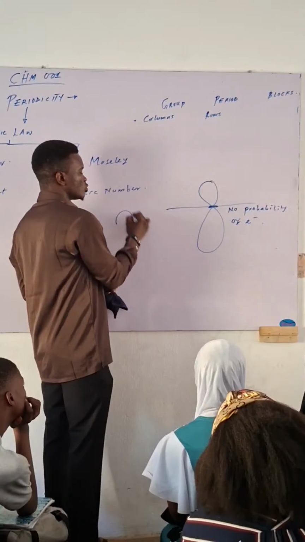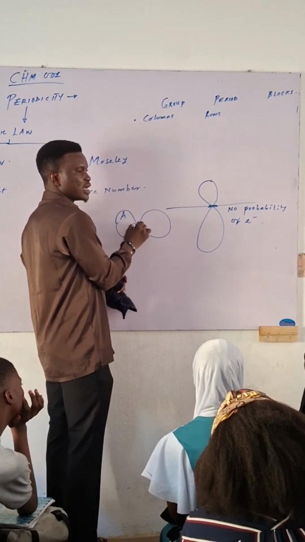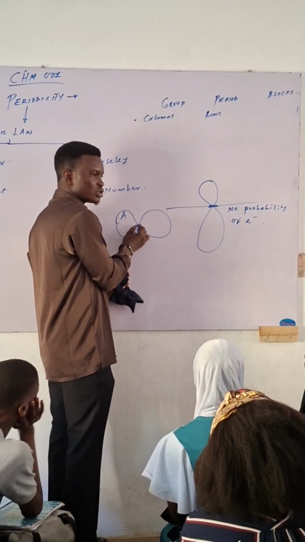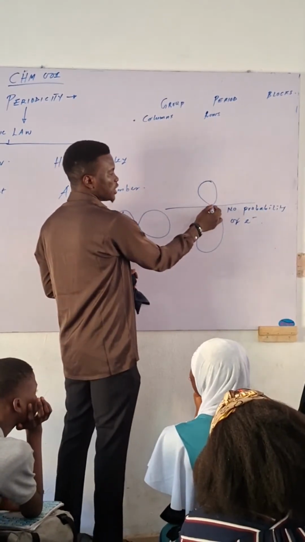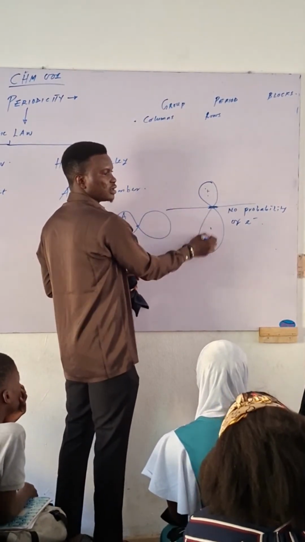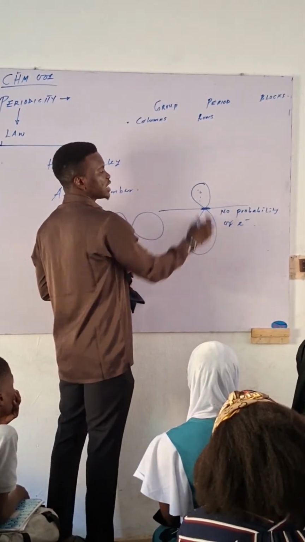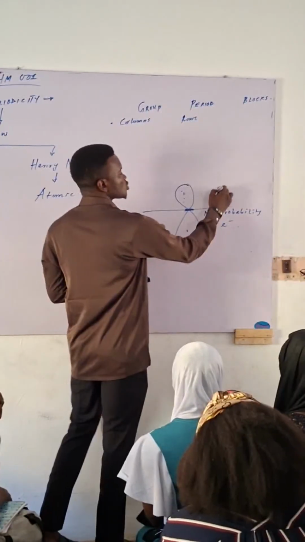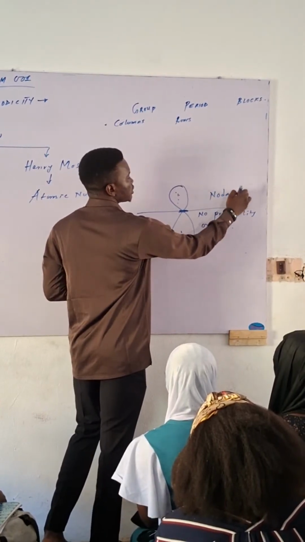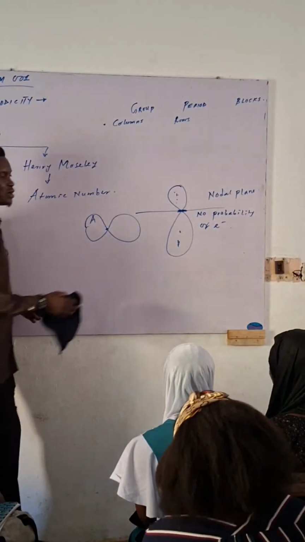I compared it to waves too: you have antinode, you have node. When they say there's zero displacement, that is node. For this one too, the electrons are free to move up and down here, but you don't see electrons around here. So that place where you are not likely to find the electron is what we call the nodal plane, also called the node. Do you get that now?